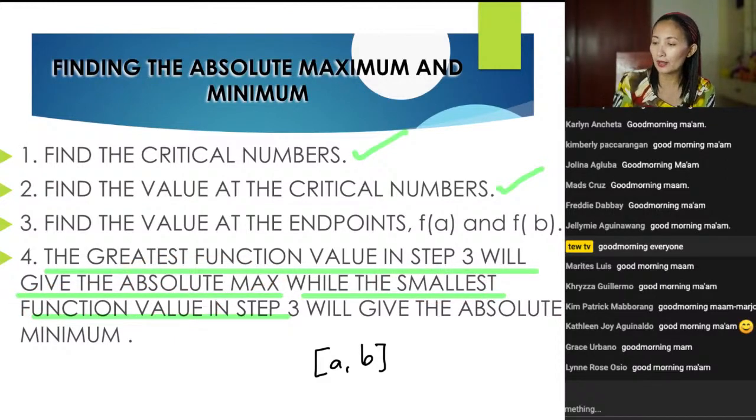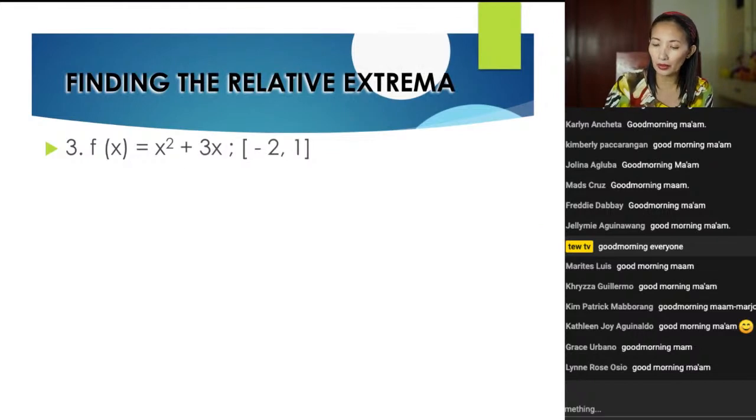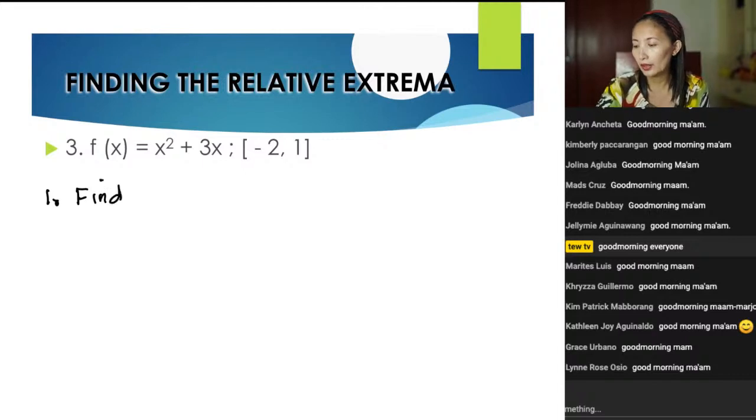So let's look into problem number 3. Step number 1, find the critical numbers.